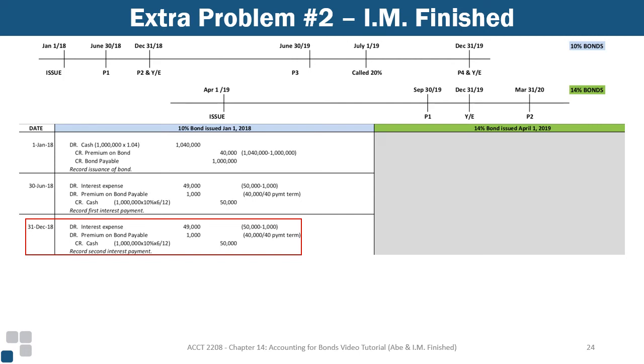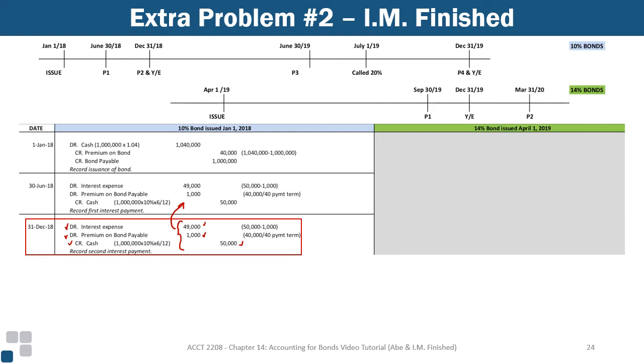Then at December 31st, just prior to your year end, the payment and the year end are the same date, but we always do the normal transactions first and then any adjustments. But look at this, it's exactly the same as the previous entry. So every single payment will look exactly the same. We're going to debit interest expense for $49,000, debit the premium on the bond for $1,000, and credit cash for $50,000.